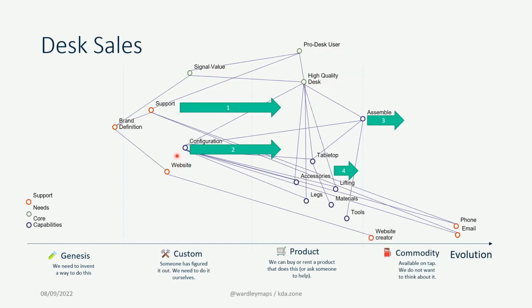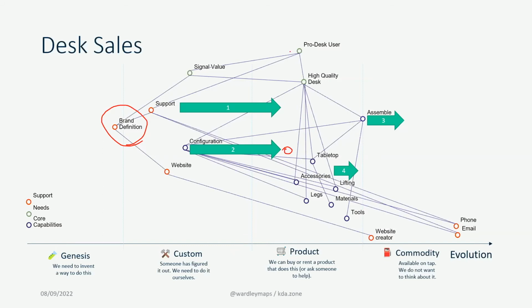And what you get here is a very interesting conflict, because let me just draw it. You get a conflict between a brand definition and a potential future configuration wizard.